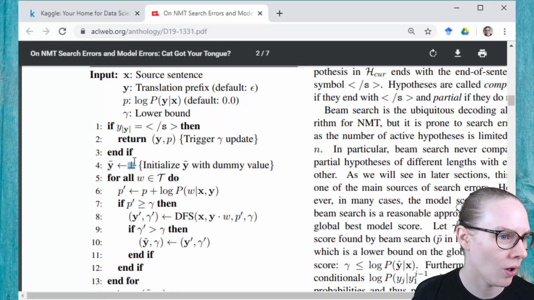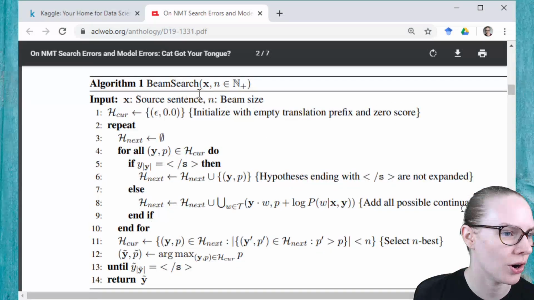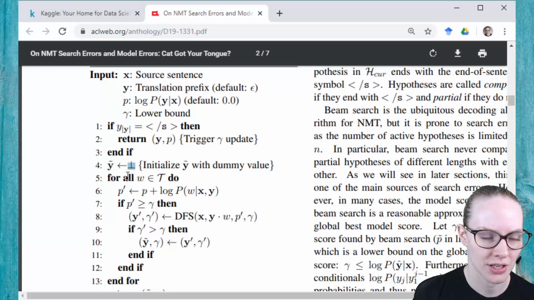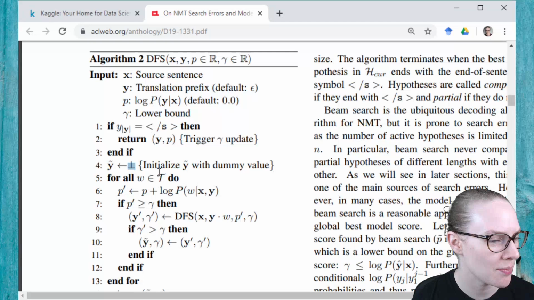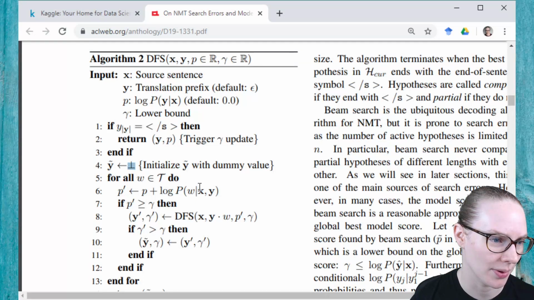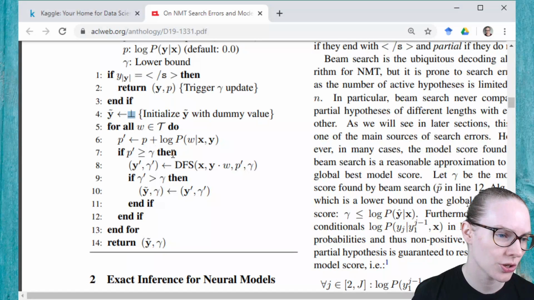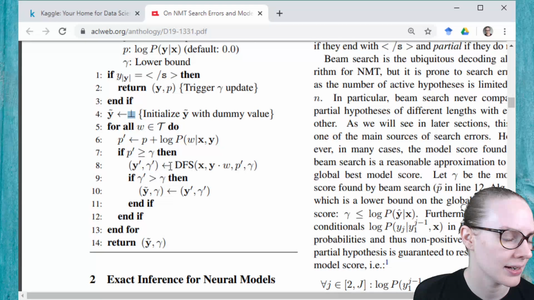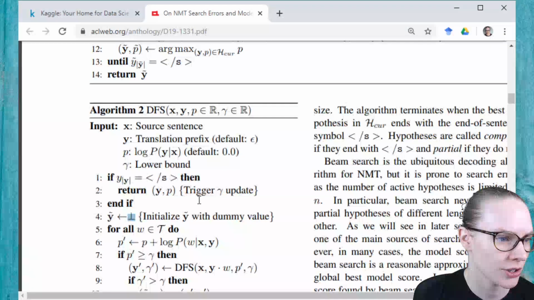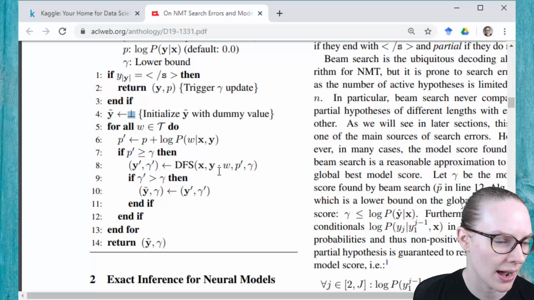And then for all W, which are words in the vocabulary, I believe, P prime is P plus the log probability of W given X and Y. So we update the probability, and because these are negative, P prime is always going to go down a little bit. If P prime is greater or equal to gamma, then P prime is our new one. We do depth first search for X and Y.